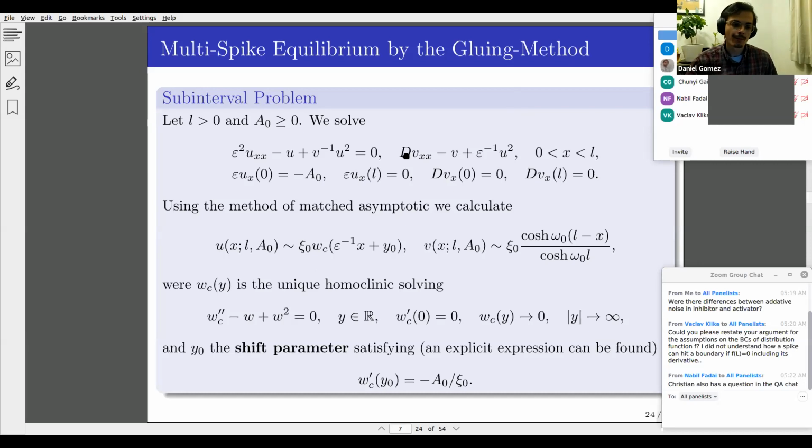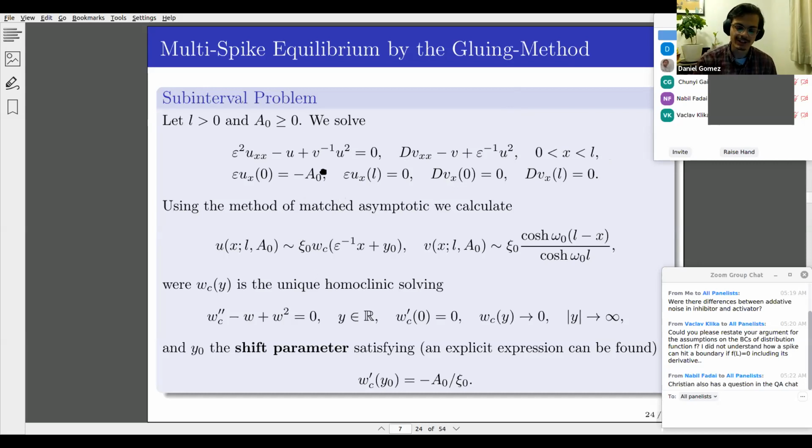So what does that look like in practice? You look at solving the same problem on an interval of variable length. And this problem specifically, we can actually solve directly using asymptotic methods. So it gives us a really nice approximation.